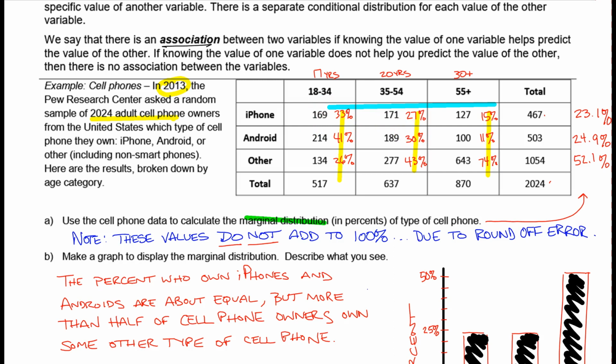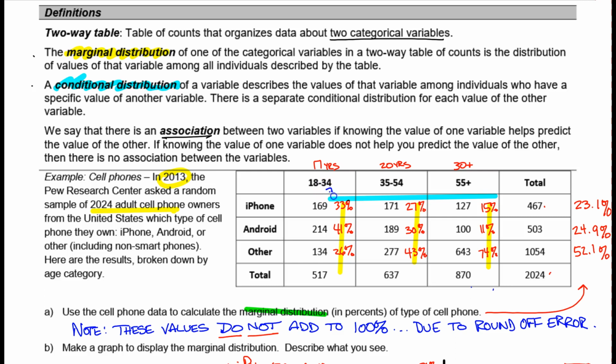And that happens to be, you don't have to write this in, folks, I'm just illustrating an example here, 36%. And if we looked at the number of iPhones in the 35 to 54 category, 171 out of 467 is about 37%. And finally, the last category, 127 out of 467, is about 27%.